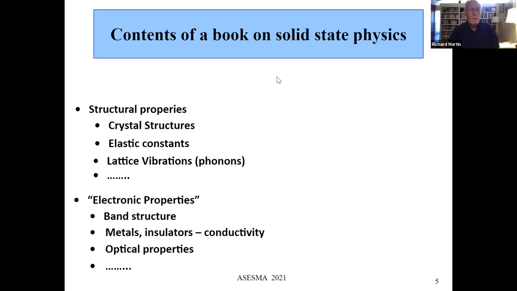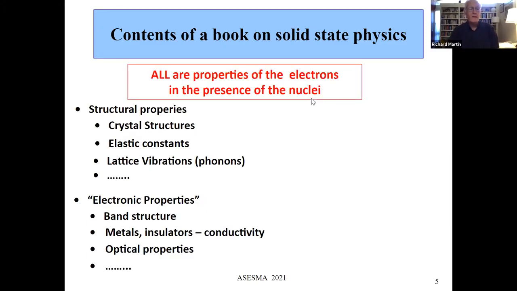So what are we going to work on? If you look in any book on solid state physics, you'll see the contents look something like this. Things that have to do with the crystal structure, the elastic constants, vibrations, and things that are called electronic properties like band structure, metals, insulators, etc. You've already been introduced to some of these, and there'll be much more in the rest of this school, but everybody would agree that all this is properties of electrons and the presence of nuclei.